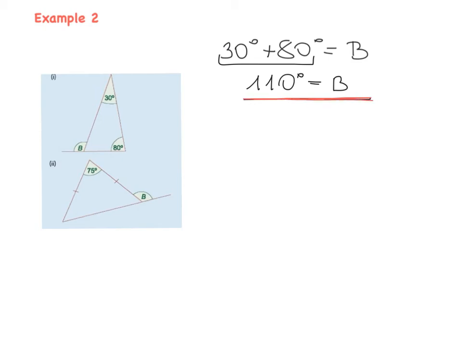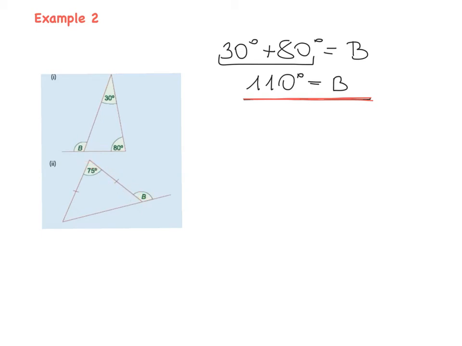If you know all the theorems, it will be easy peasy for you. And the next triangle, we have just one angle inside, okay? But again, we need to use what we have. As you can spot, we have a little line here and a little line here. If we have them, that means this side is exactly the same length as this side.